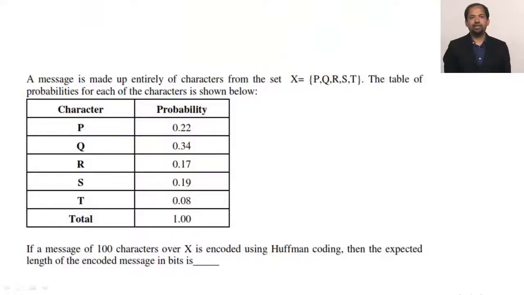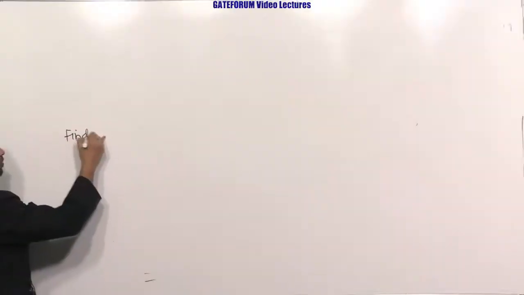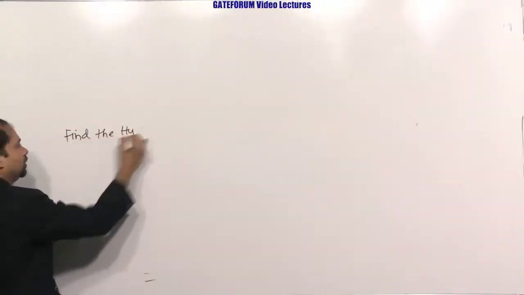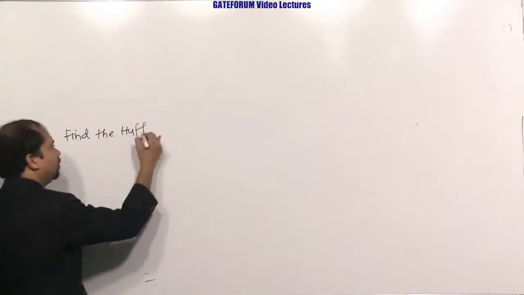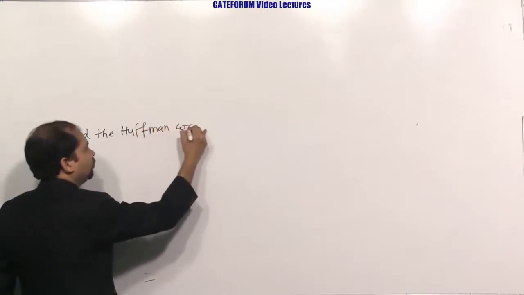Now this question is about Huffman coding, and characters are given. There are 5 characters P, Q, R, S, T, and their probabilities are also provided. If a message of 100 characters over X is encoded using Huffman coding, then the expected length of the encoded message in bits is? First of all, we have to find the Huffman code for each character.